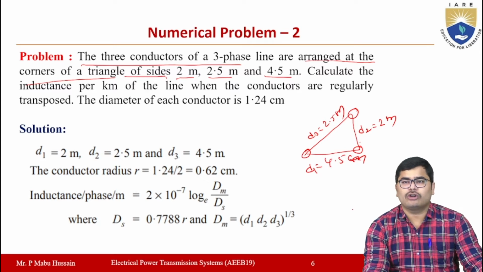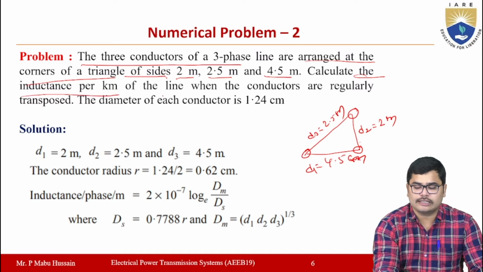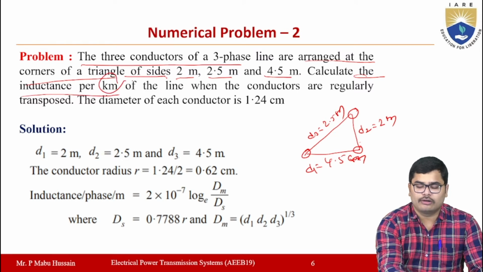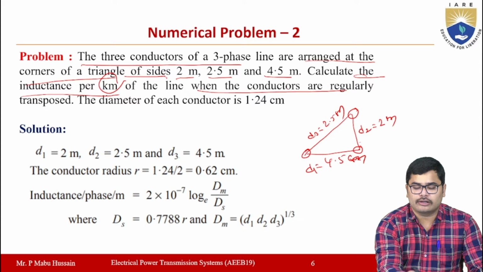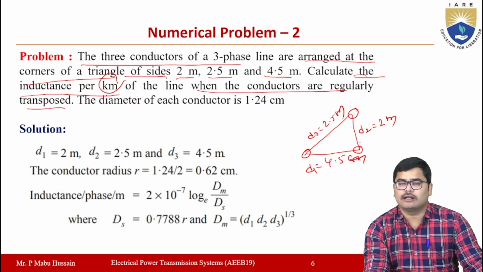Okay. Now in this case you have to find out the inductance of this transmission line per kilometer, when the conductors are regularly transposed. Here when the conductors are placed unsymmetrically, in such a case you have to use the transposition of conductors for getting the average inductance to be the same in each phase.